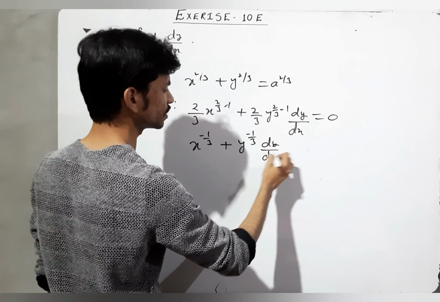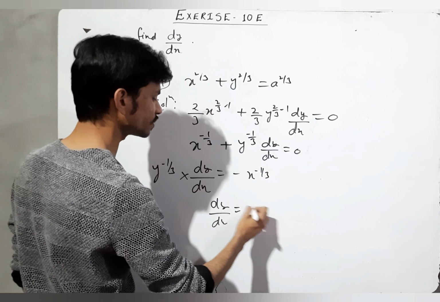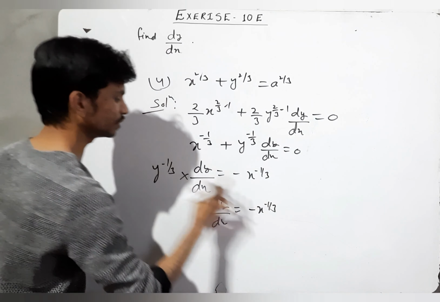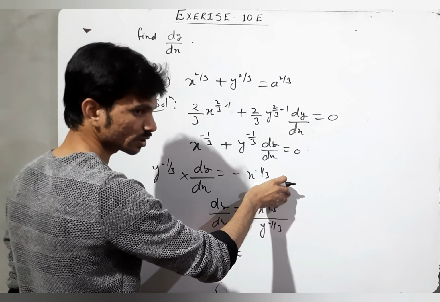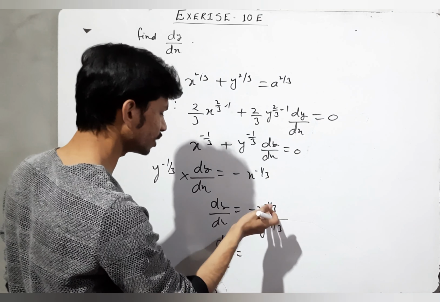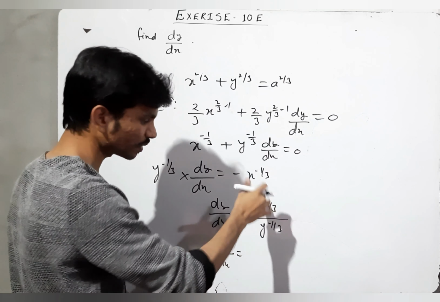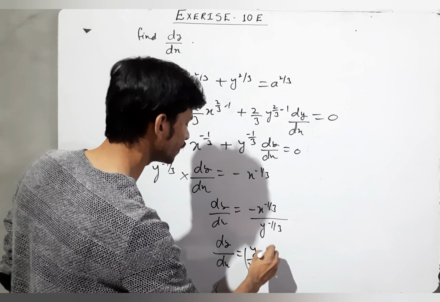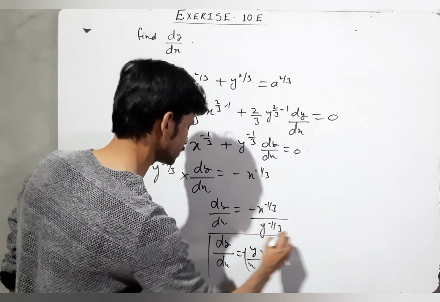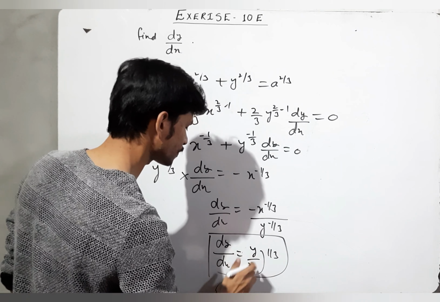So dy over dx multiplied by y raised to the power minus 1 by 3 equals minus x raised to the power minus 1 by 3, or dy over dx equals minus x raised to the power minus 1 by 3 divided by y raised to the power minus 1 by 3. Or this y will become the numerator and x becomes the denominator in order to make the powers of these variables positive. So dy over dx equals minus y over x whole raised to the power 1 by 3. So this is the final answer of this question.